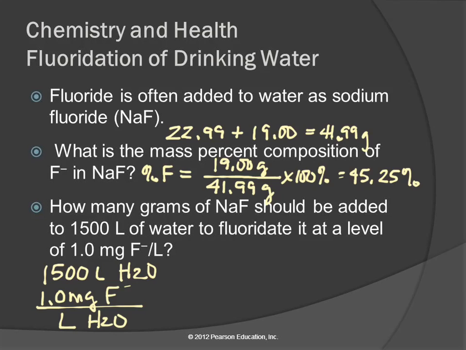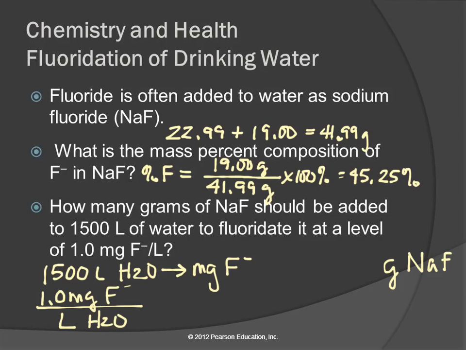So I'm going to start with liters of water. This conversion factor has liters of water in it. That would allow me to convert to milligrams of fluoride. Where am I trying to end up? Grams of sodium fluoride. Right, that's the question.